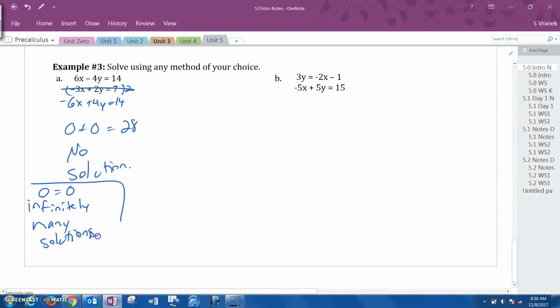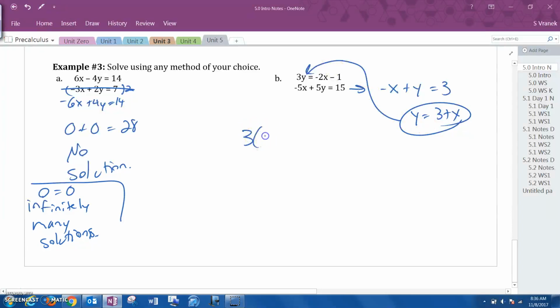Okay. Alright, last problem. We're going to divide everything by 5. Make this simpler. And then I'm going to do substitution. I'm going to say y equals 3 plus x and plug that into my y up here. So I get 3 times x plus 3 equals negative 2x minus 1.